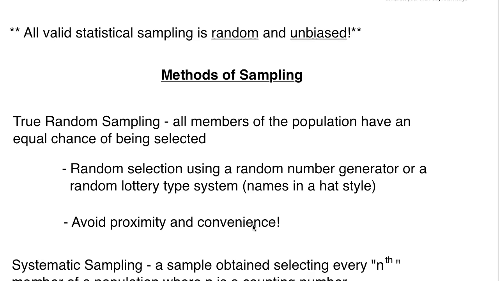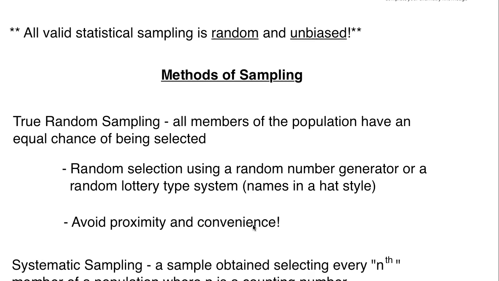You could also do some sort of a fair and random lottery type of system where all of the names would get put into some sort of a database and then you would pick out at random. So from a more classical perspective, if you weren't using technology, you're talking about kind of the names in a hat, right? Everybody puts their name in a hat, it is mixed up thoroughly, and then at random you select a name from that hat, and that would be true random sampling.